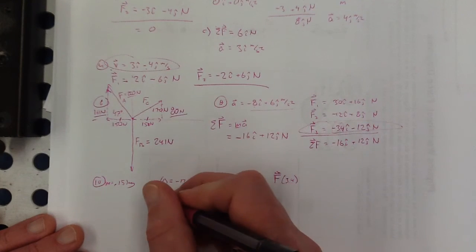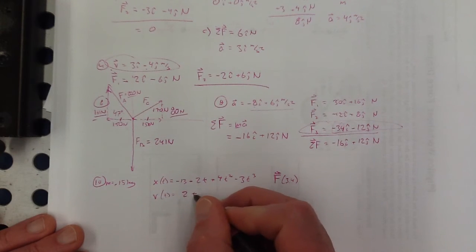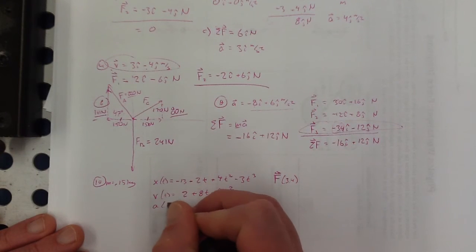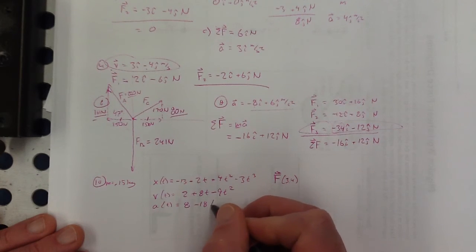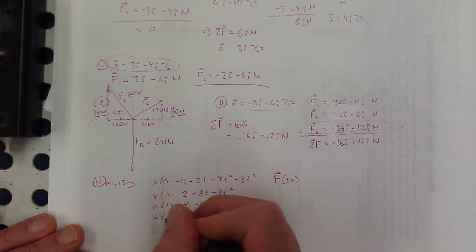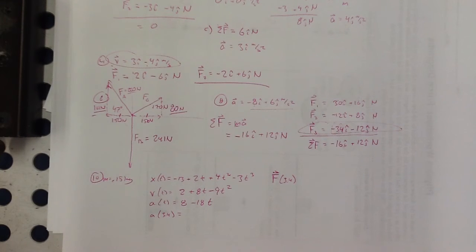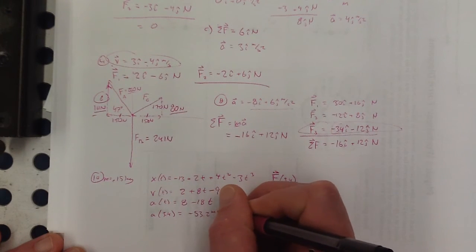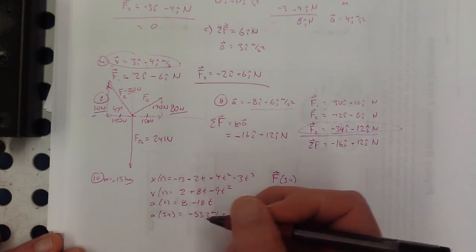Okay, well, if this is the position, the velocity is 2 plus 8t minus 9t squared, and the acceleration would be 8 minus 18t. So the acceleration at 3.4 would be 8 minus 18 times 3.4. And then the net force would be the mass times the acceleration.